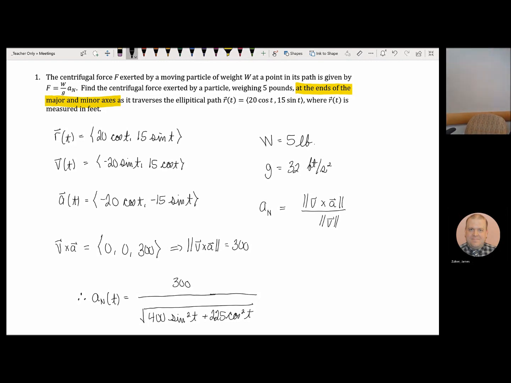We want to know the centrifugal force at the ends of the elliptical path. What value of t? What values of t give us the ends of the major axes?